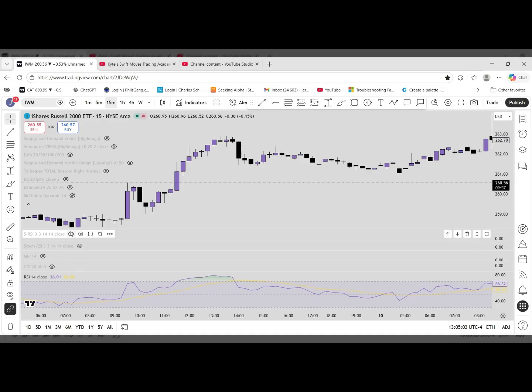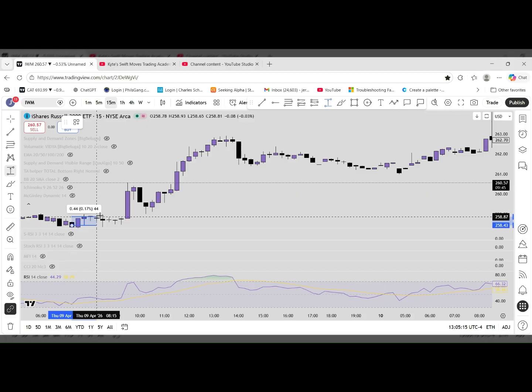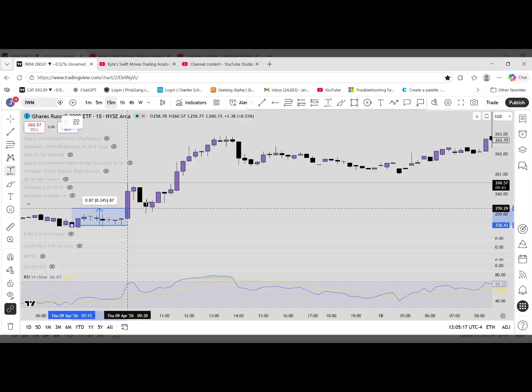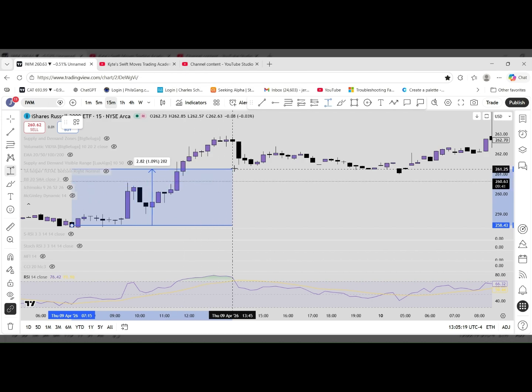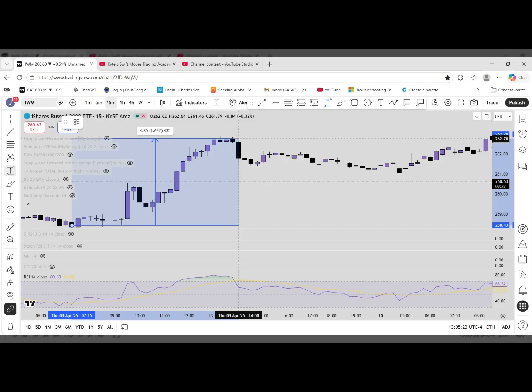So let's see, it flipped right there. So let's look at the price action on that. And if we roll that all the way, we'll say right to there.